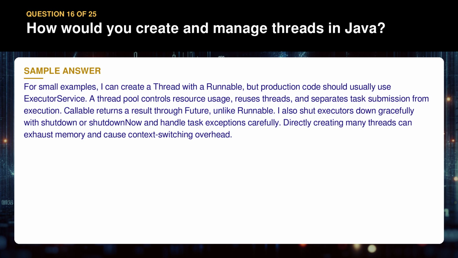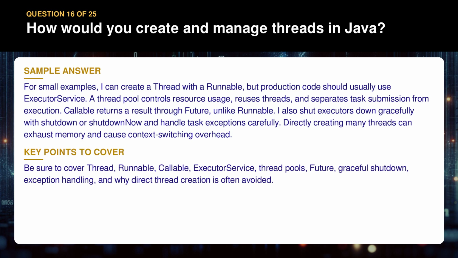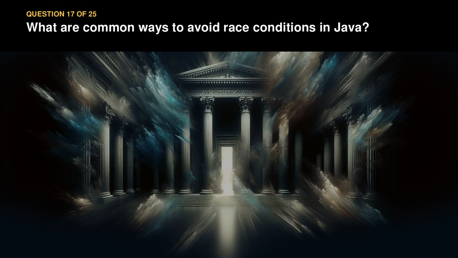I also shut executors down gracefully with shutdown or shutdownNow, and handle task exceptions carefully. Directly creating many threads can exhaust memory and cause context switching overhead. Be sure to cover Thread, Runnable, Callable, ExecutorService, thread pools, Future, graceful shutdown, exception handling, and why direct thread creation is often avoided. Question 17.